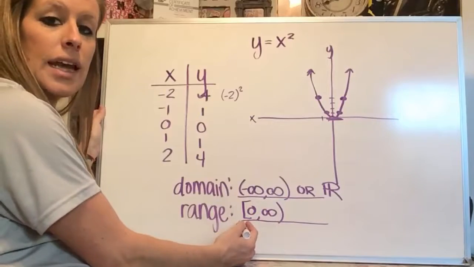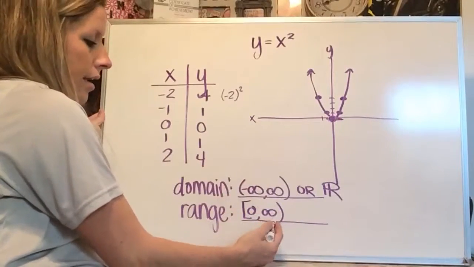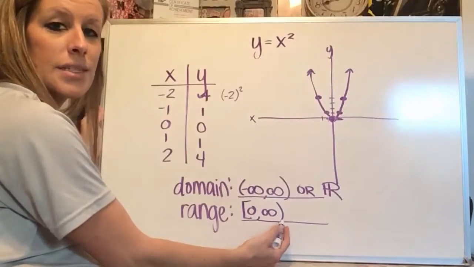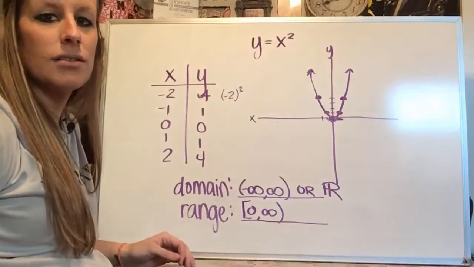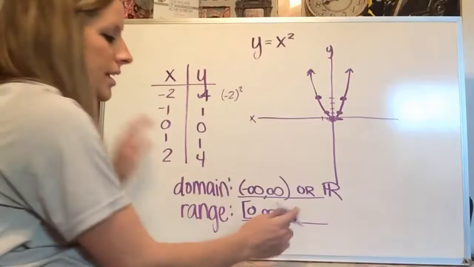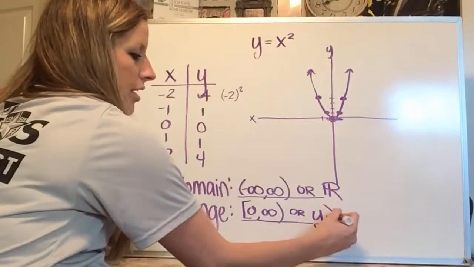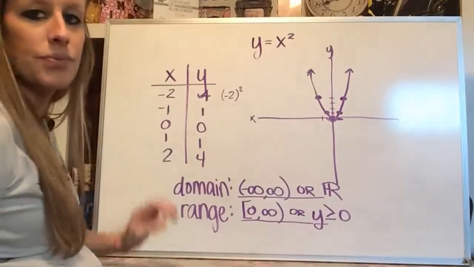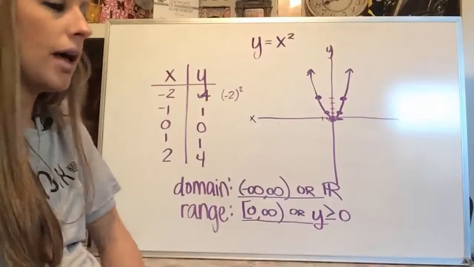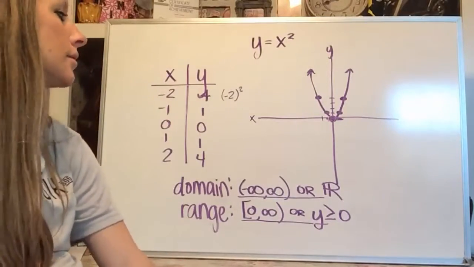The 0 is going to have a bracket because there's actually a point there. Infinity has a parenthesis because you can't touch infinity. The other way you could write this is y is greater than or equal to 0. Either one, whatever you can remember the best.